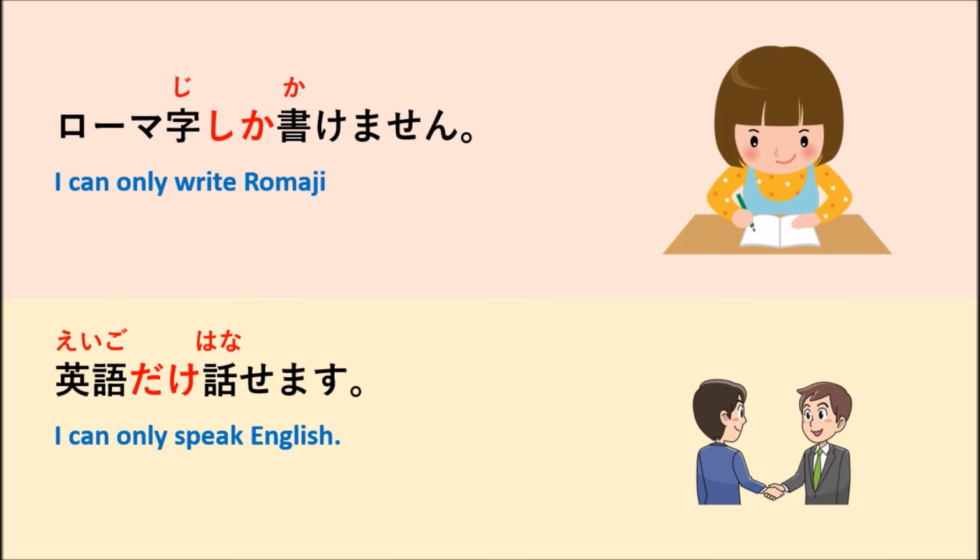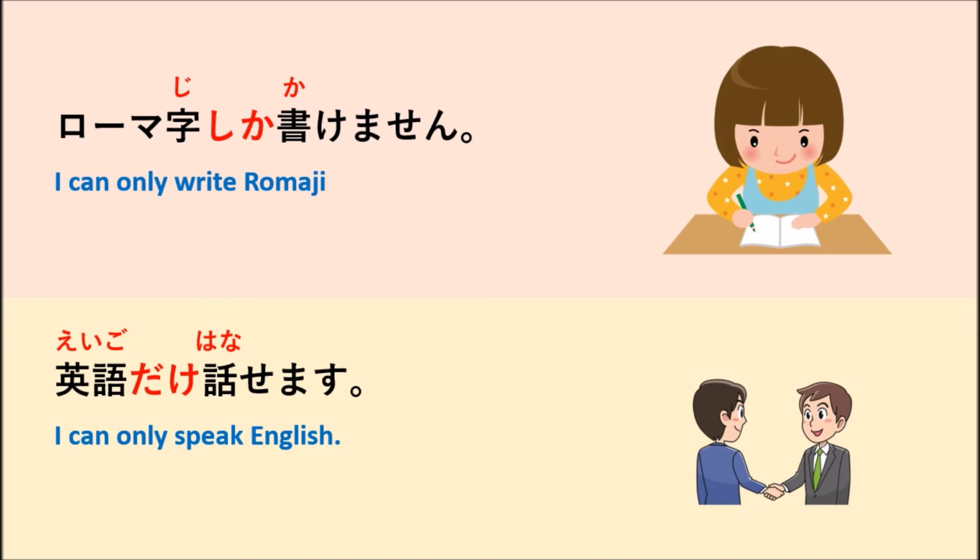And the second point of difference is this. When you say romaji shika kakemasen, that means you can only write Romaji, but maybe you can read hiragana or kanji.